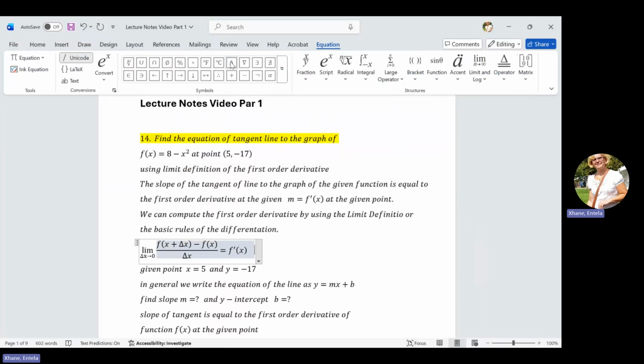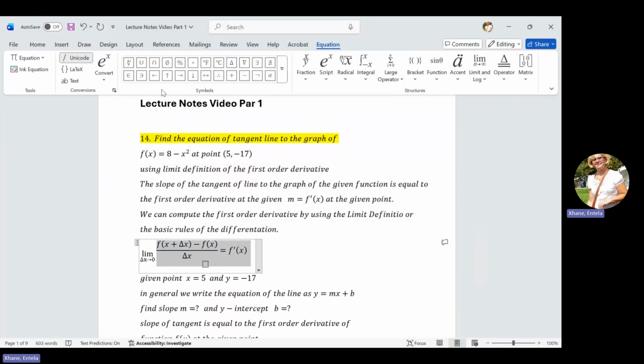So that means I need to identify what is this f of x and what is f of x plus delta x. So if I know f of x, how do I find f of x plus delta x? Now, f of x is what is given as a function. So that is variable y at x.